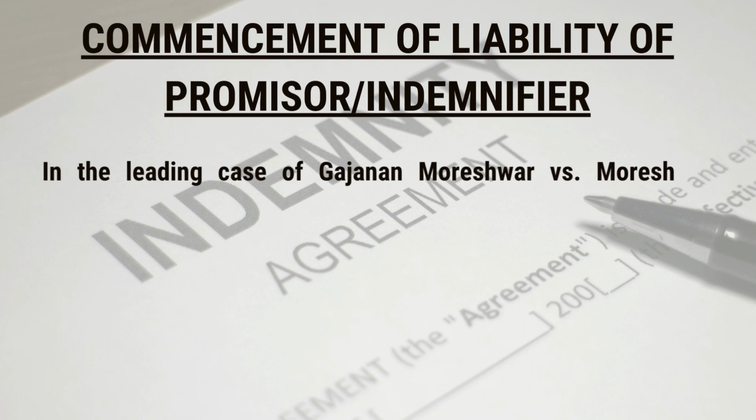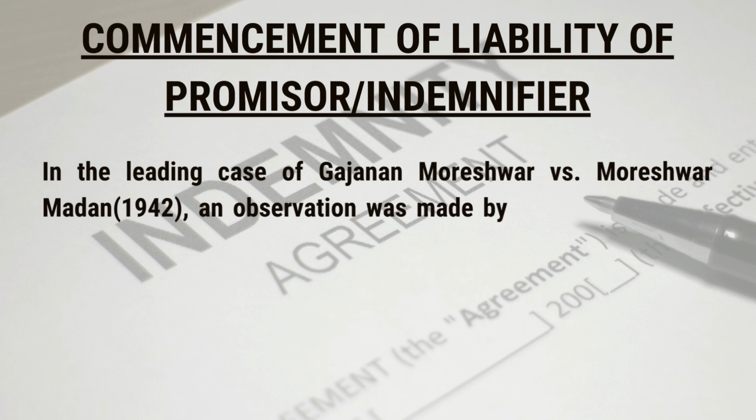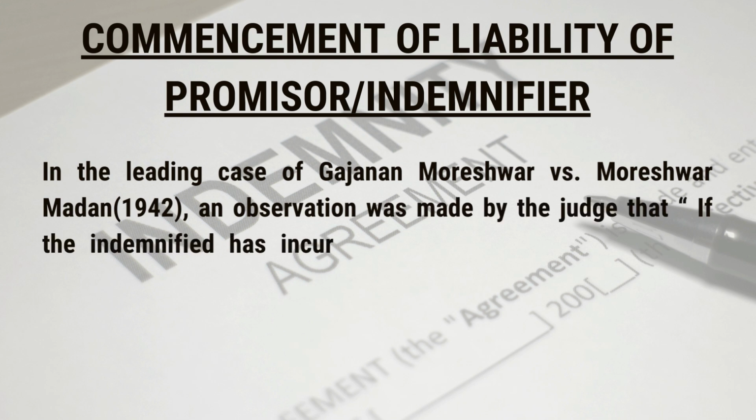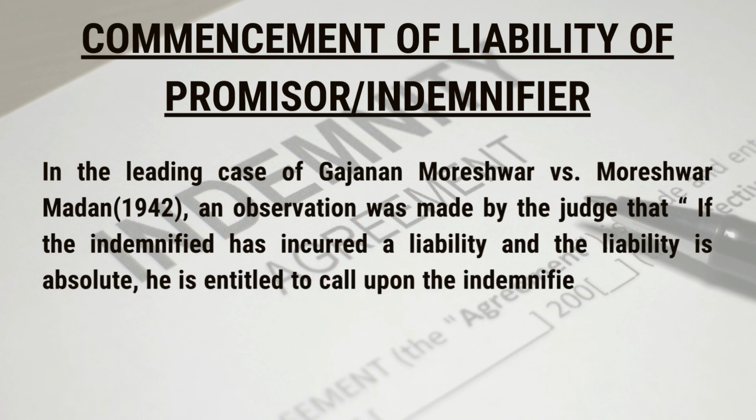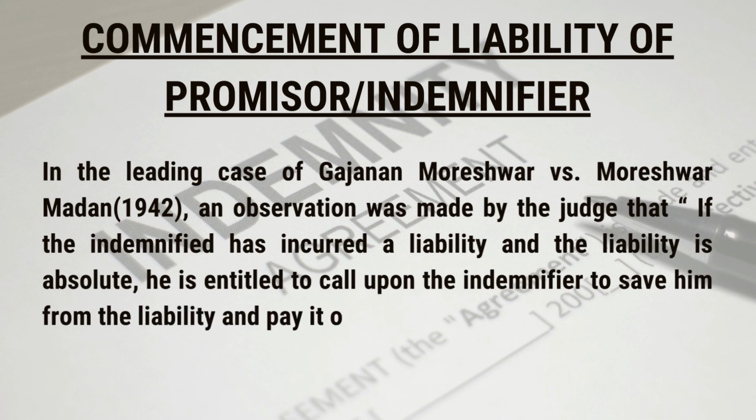This was a case of 1942, where the judge observed that if the indemnified has incurred any liability and the liability is absolute, he is entitled to call upon the indemnifier to save him from the liability and pay it off. So any liability regarding the object which is part of the contract of indemnity, the promisor can be called to pay off.